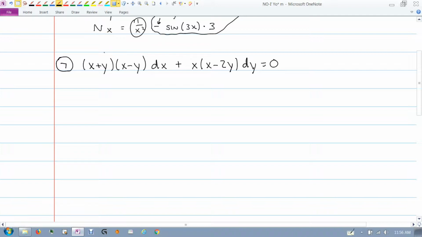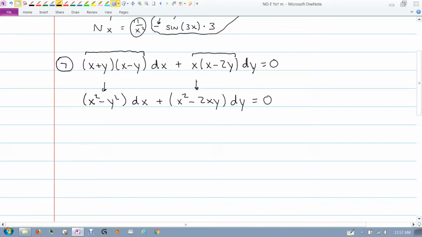I think what I'm going to do, because I don't want to take the derivative of a product, I could do product rule there and there, but I'm going to put those together. So this is really x squared minus y squared dx plus x squared minus 2xy dy equals 0. And now we've got our m here and we've got our n there.